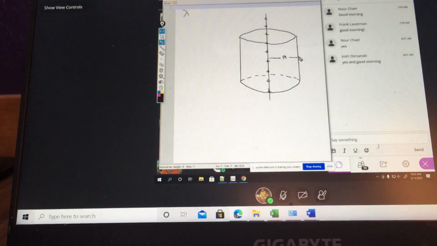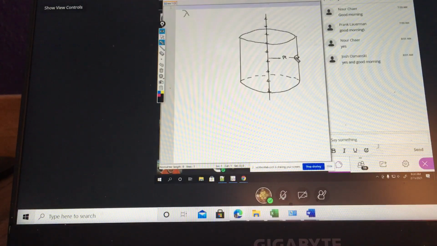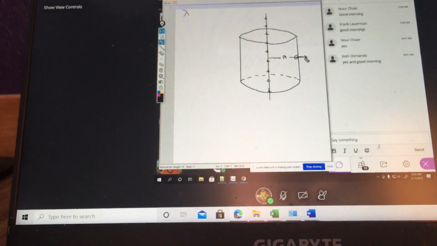Now, take an element of area here. The area vector is dA.